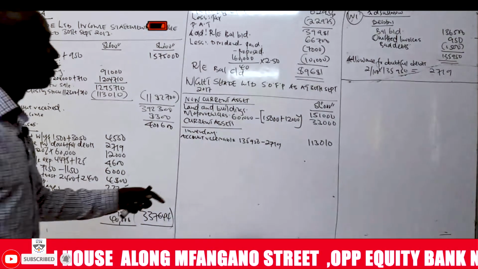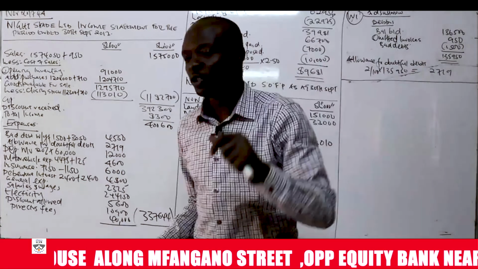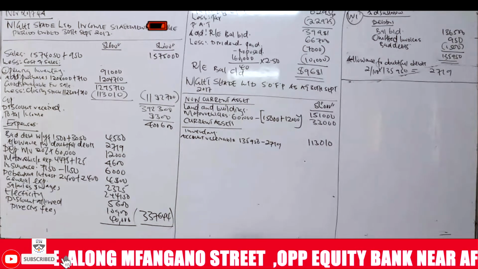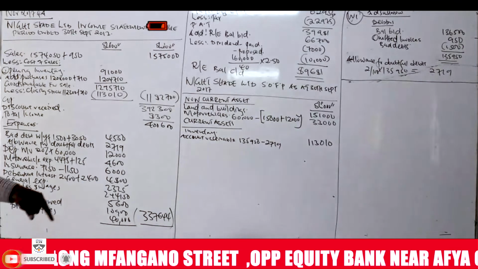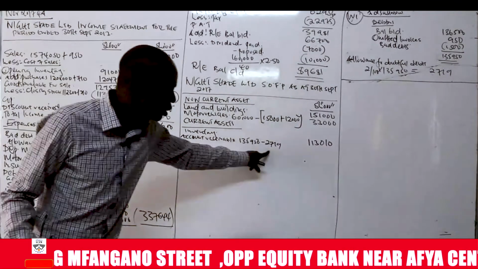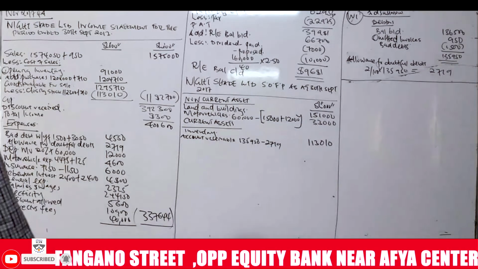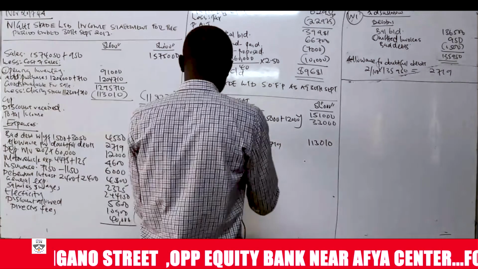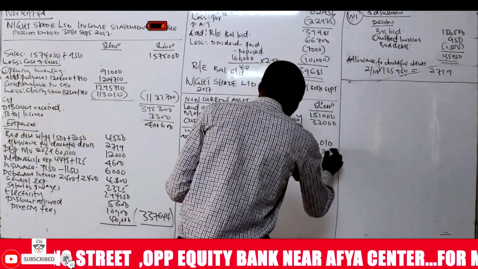Provision means you are standing in for those ones. In case they don't pay, you pay for them by deducting in your income statement. So you reduce those that the business is standing for. That gives 133,231. Is it so?